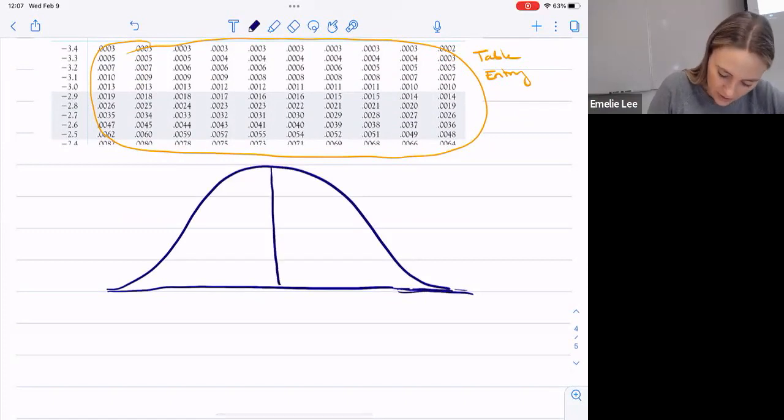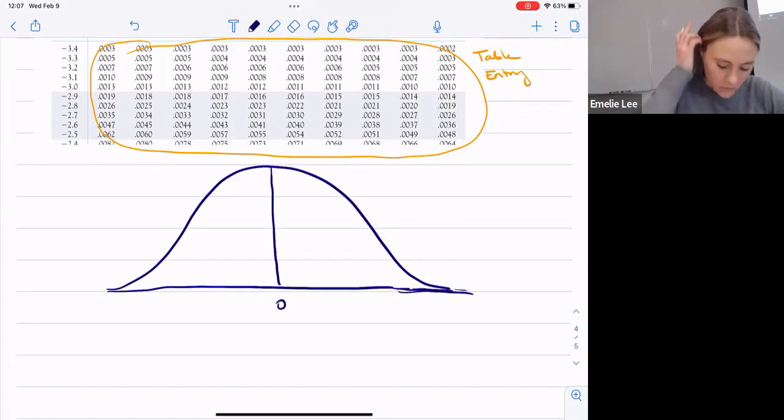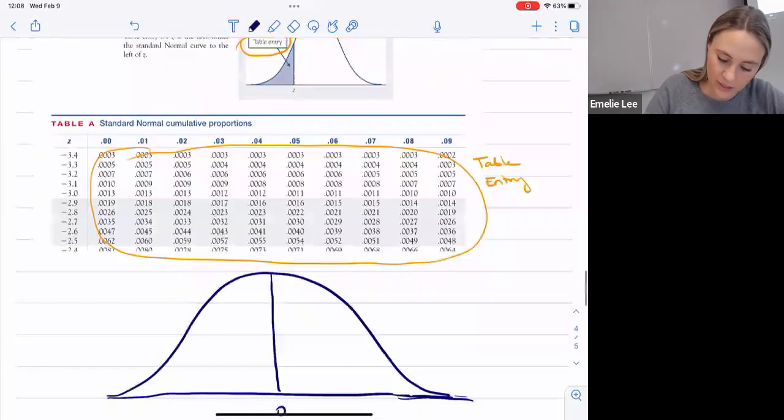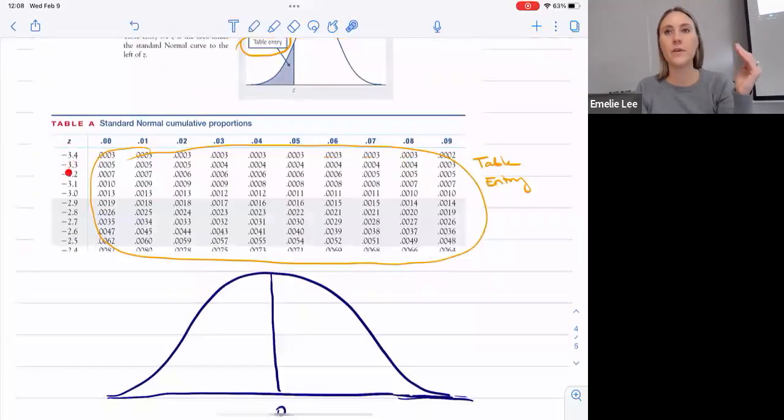So if Z is centered on 0, then at some point here, if we start at the smallest value of Z that's given in the table, then we would have -3.49.